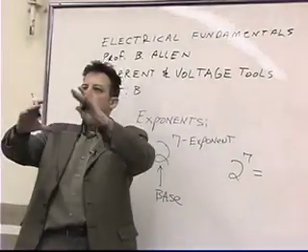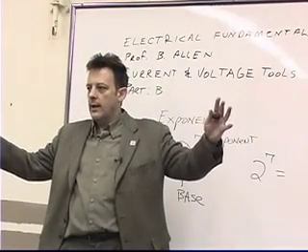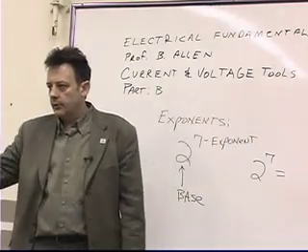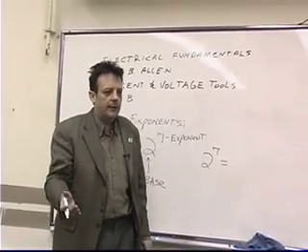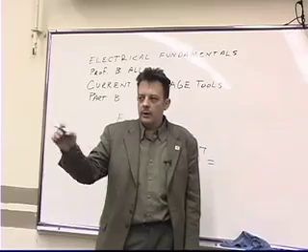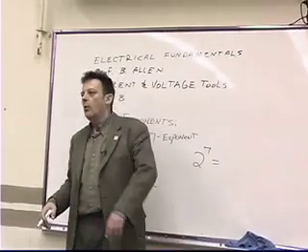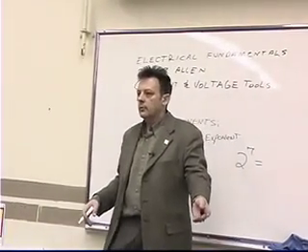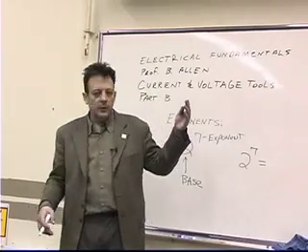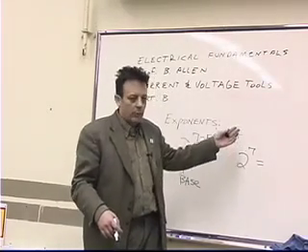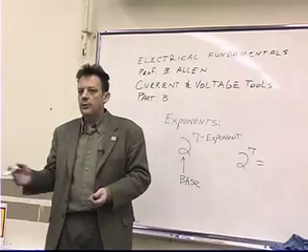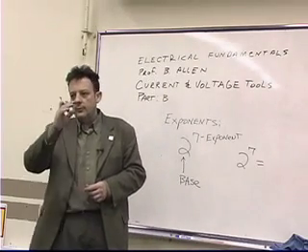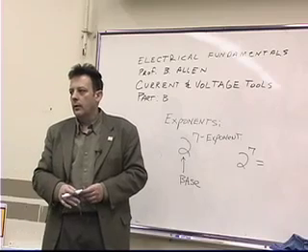Now, when we write a number like 2 to the 7th power, if we were to drag it out and not just say what the answer is, because we probably all have our calculators by now and can just plug it in, what does 2 to the 7th power really mean?